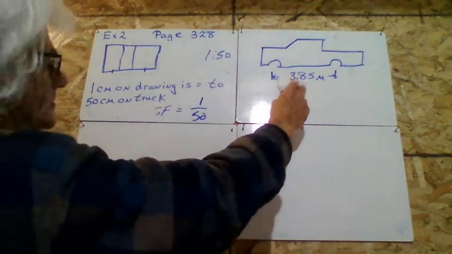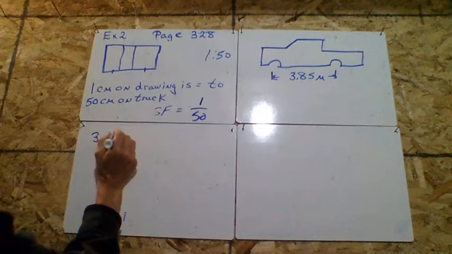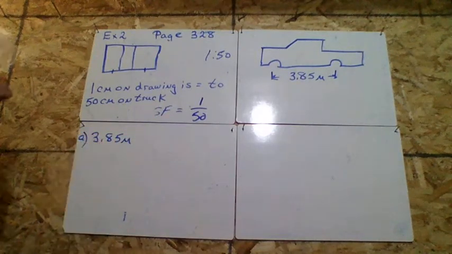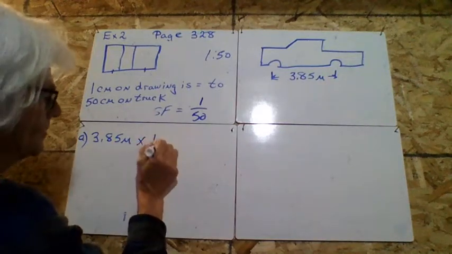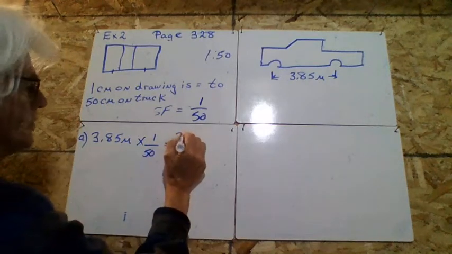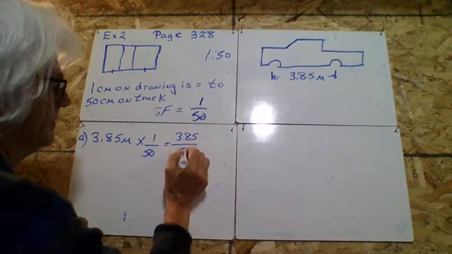So I'm going to take this 3.85 meters, this is A, multiply it by my scale factor of 1 over 50. So that'll give me 3.85 divided by 50.